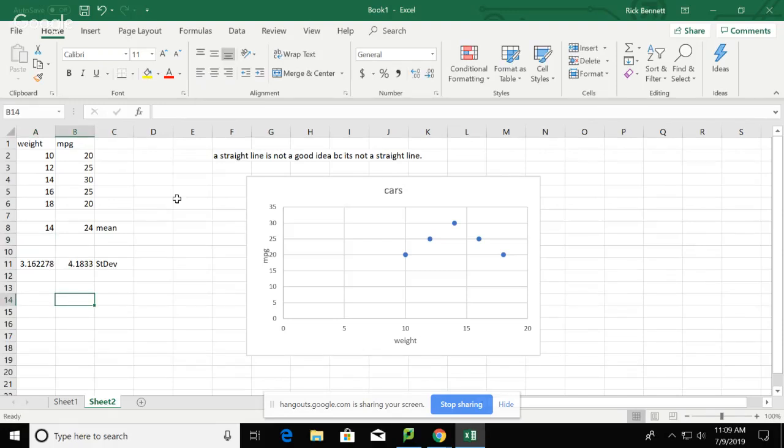So find the z-scores for x and y. So that's what I have to do up here. Equals. So go up to the top row where the 10 and 20 are. For the z-score, it's the data point minus the mean divided by the standard deviation, 3.16.